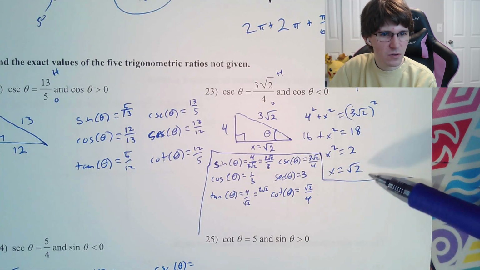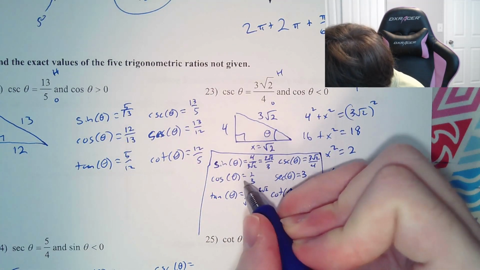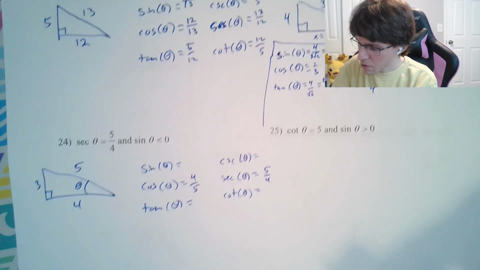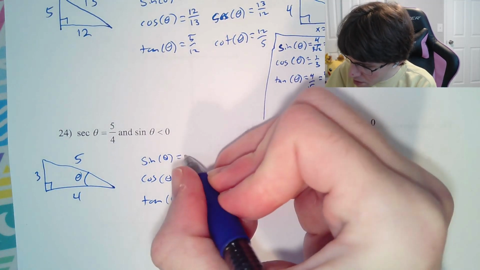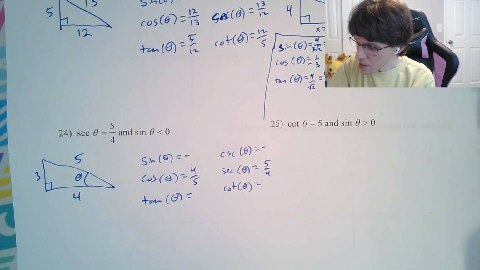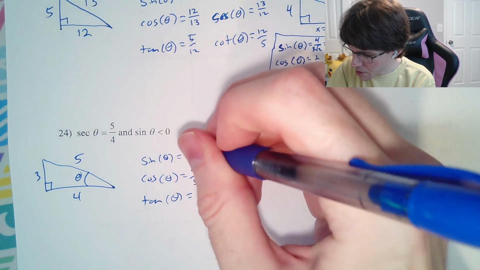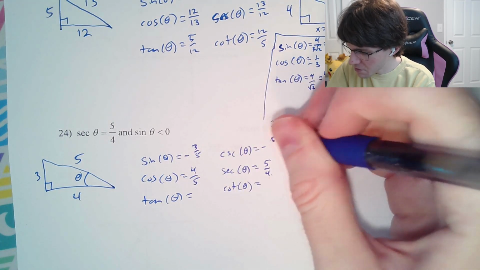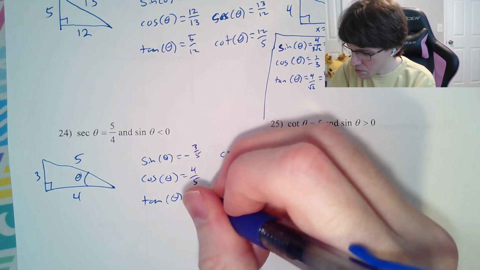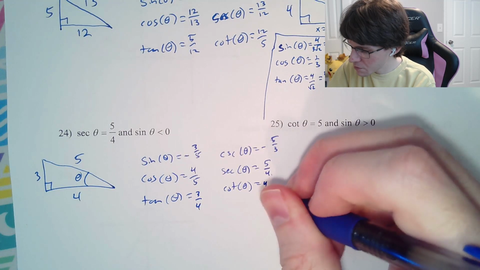Oh, I forgot my negative signs in this one, didn't I? Cosine's positive, so no negative there. We're also told that sine is negative here, so we have a negative there and positives for all the other ones. So the sine is going to be negative 3 over 5, this is going to be negative 5 over 3, and then we got 3 over 4 and 4 over 3.